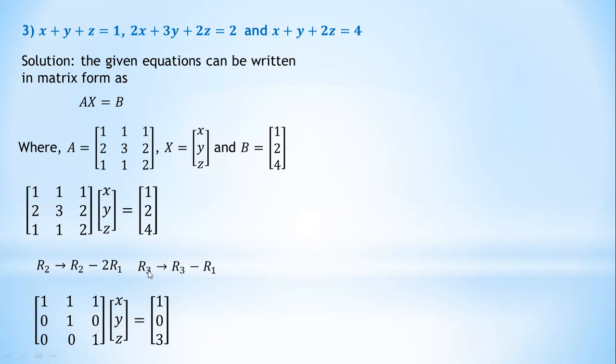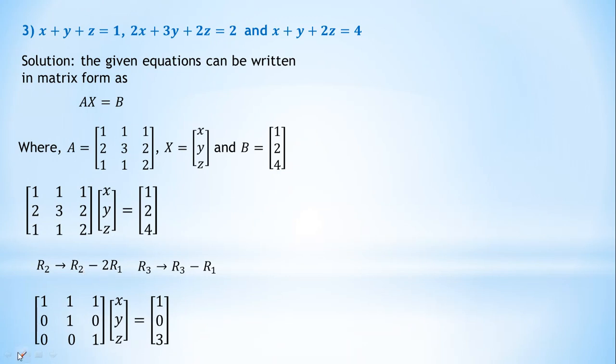Okay, and then R3 minus R1, so 1 minus 1 is 0, here it is 1 minus 1, again we get 0, then 2 minus 1 we get 1, and on the right hand side, this is 2 minus 2 will get 0 here, and 4 minus 1 we get 3 here. Perform the same operation on the right hand side.